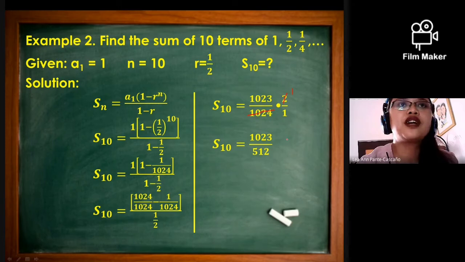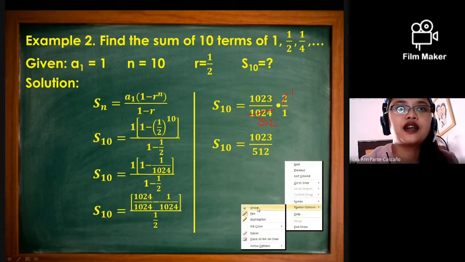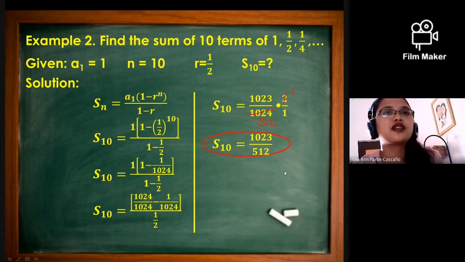Ito po ay pag dinivide din sa 2 is equal to 512. Okay po? Kasi divisible siya by 2. 1,023 times 1 is 1,023. 512 times 1 is 512. So therefore, that is now the answer. That is now the sum.